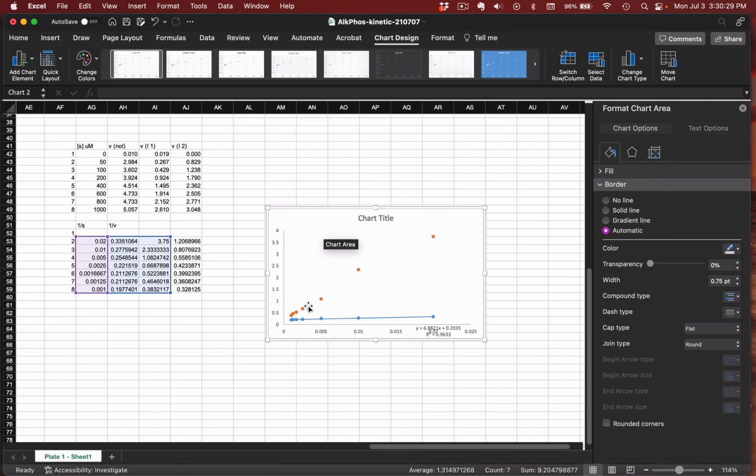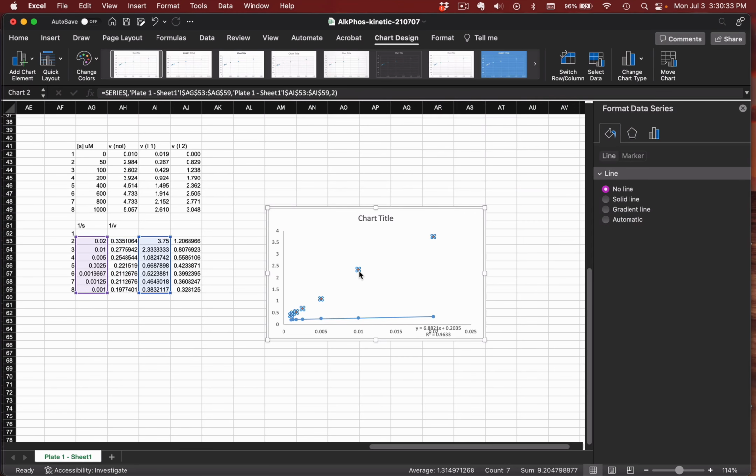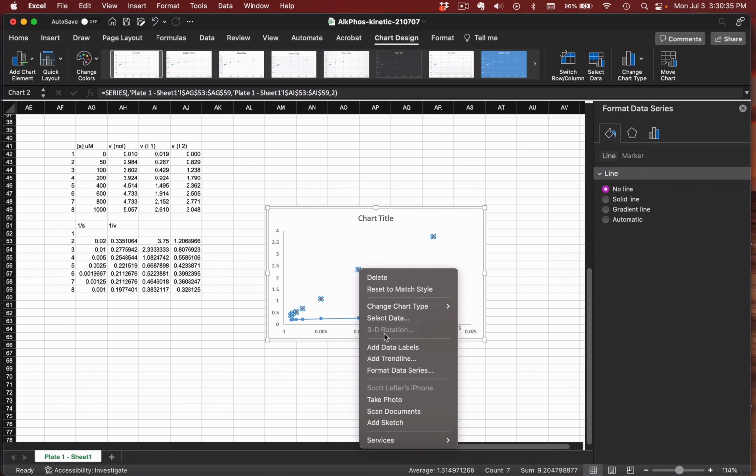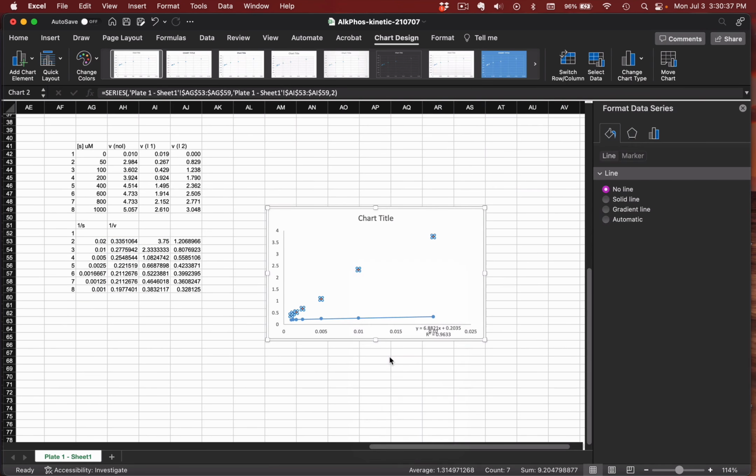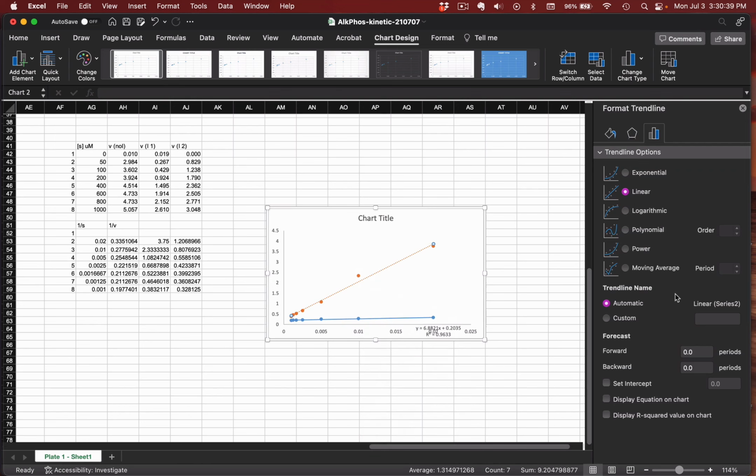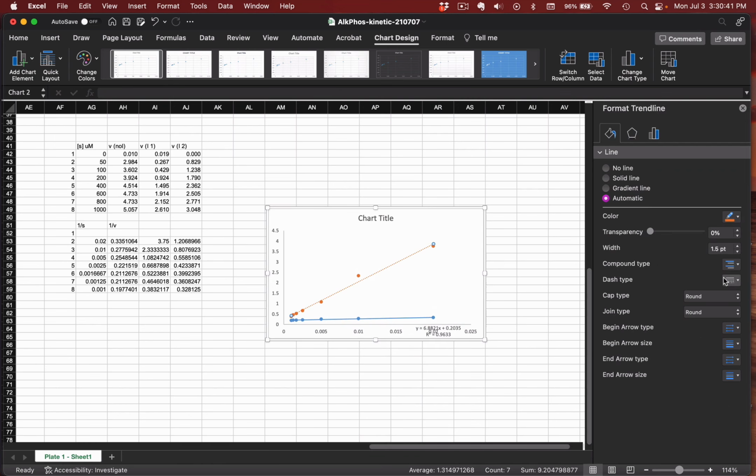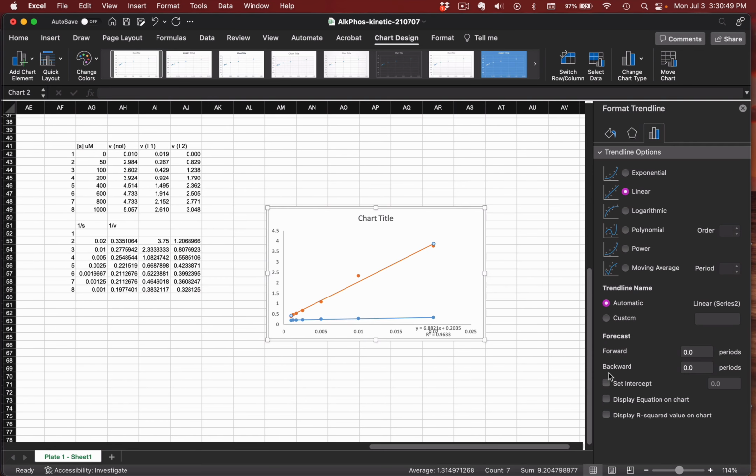We'll click on that and add another trend line. Once again, change this to a solid line. Then we want to display the equation on chart and display the R squared value. Like I said, you can move these around fairly easily.